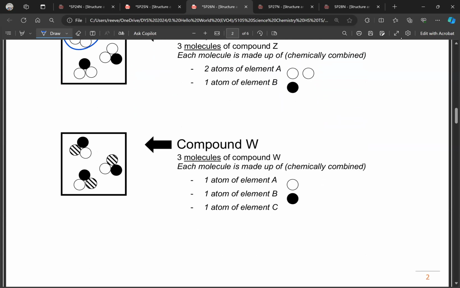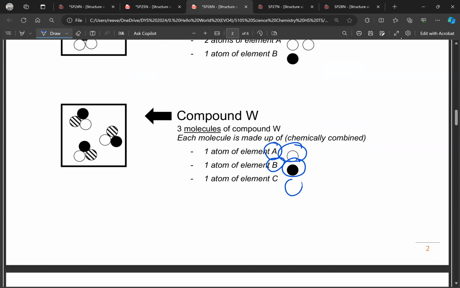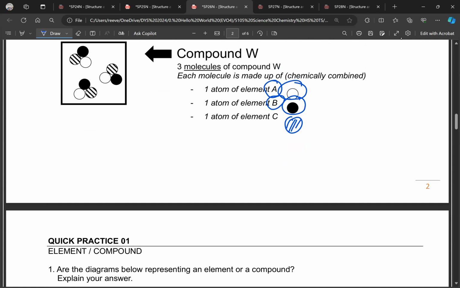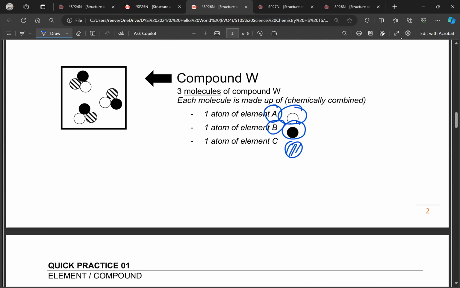W is also a compound because I have 3 different elements: 1 white circle called element A, 1 black circle called element B, and 1 shaded circle called element C. My notes need to be changed a bit. So it's a compound, 3 different elements chemically combined, and I have 3 molecules, and every molecule has A, B, C.